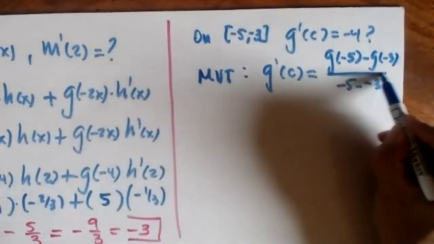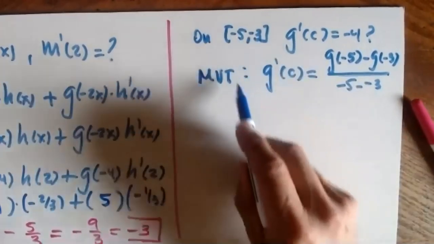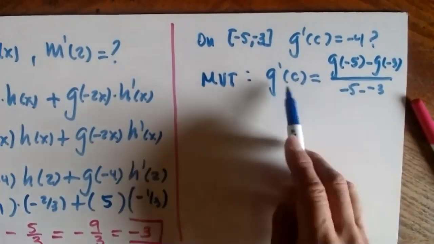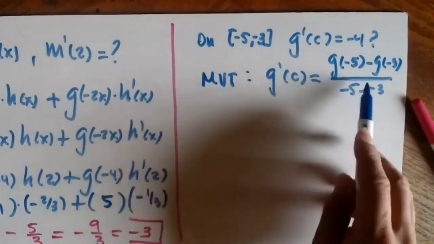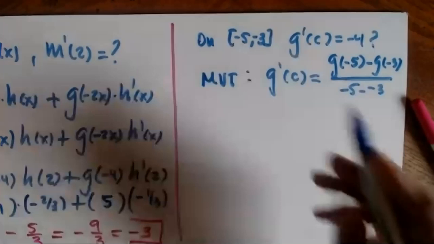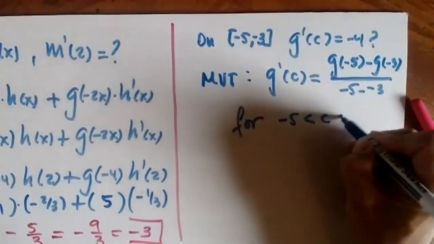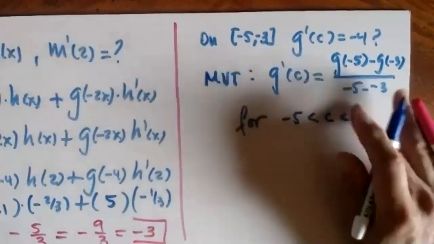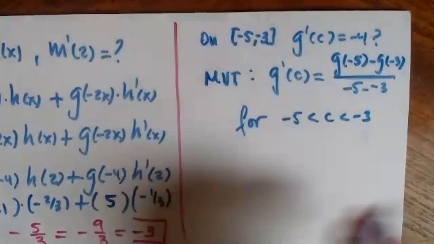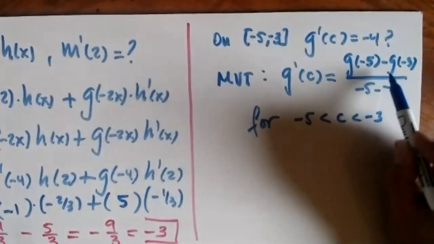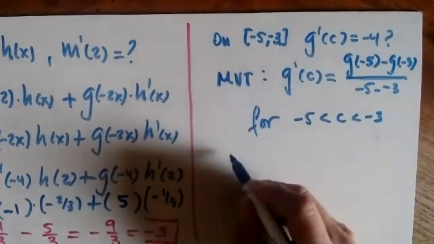So the slope between these 2 points of the function may possibly be the derivative. Well, it's going to be the derivative at one point that is between negative 5 and negative 3. So for negative 5 less than c less than negative 3. Okay, so this is the MVT, the mean value theorem. So the only thing we have to do is this one. How much is this?